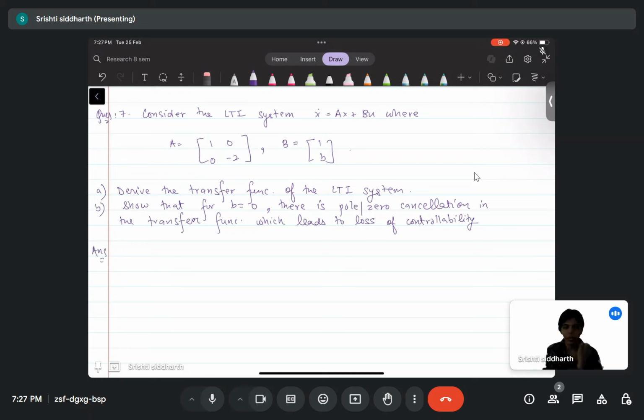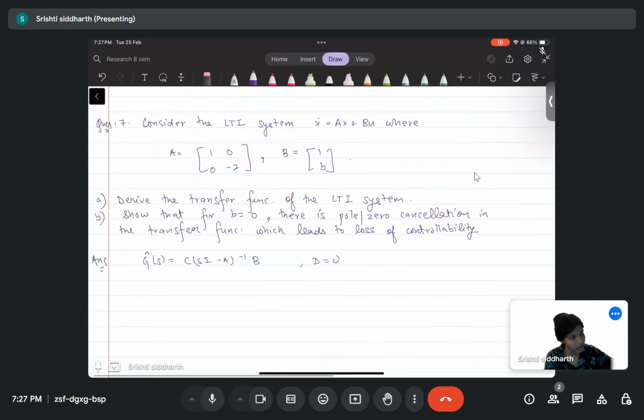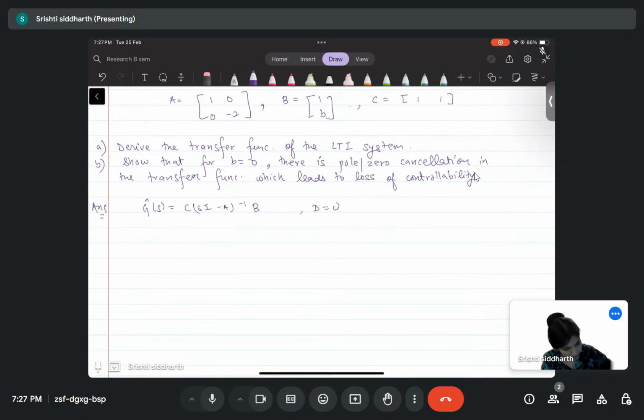You already know how to compute the transfer function of an LTI system. This is simply G hat of s equals C times (sI minus A) inverse times B, assuming that D is 0. Okay, so you can assume that C right now is 1, 1. Write this down directly: you can compute what is sI minus A and then (sI minus A) inverse.